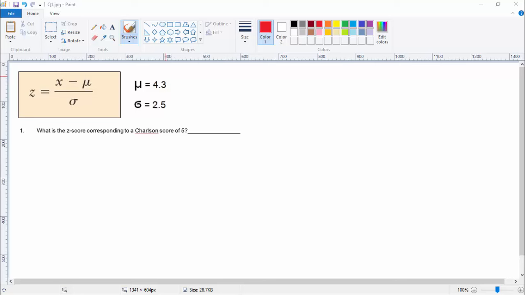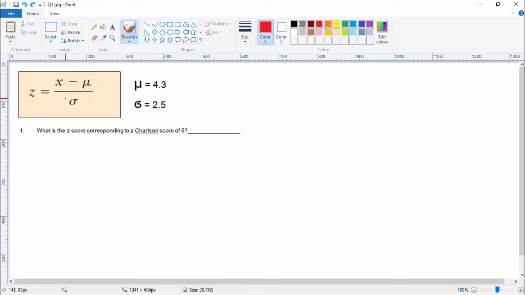So I put up here in the upper left that z-score formula, right? So that's how you get z. And you'll notice in the formula there's an x, there's a mu, and here's the population standard deviation.